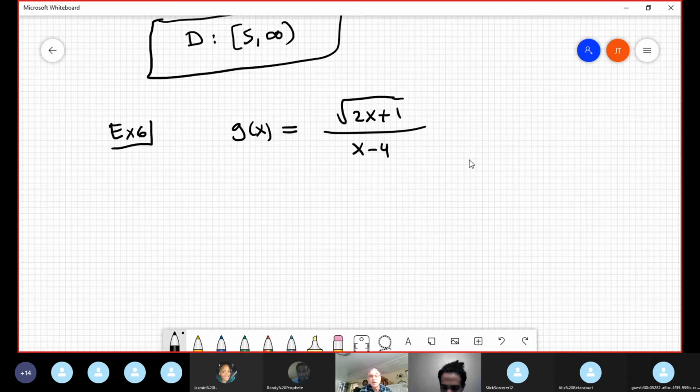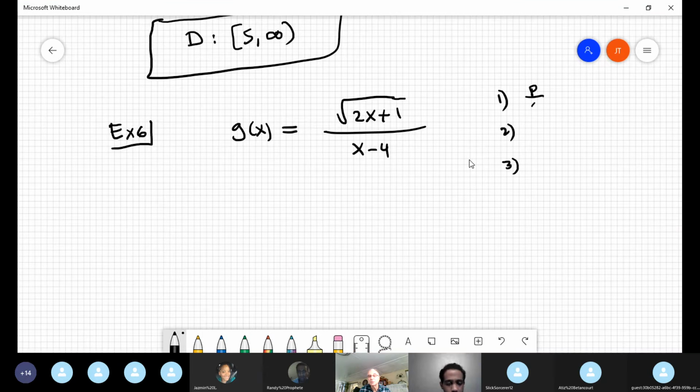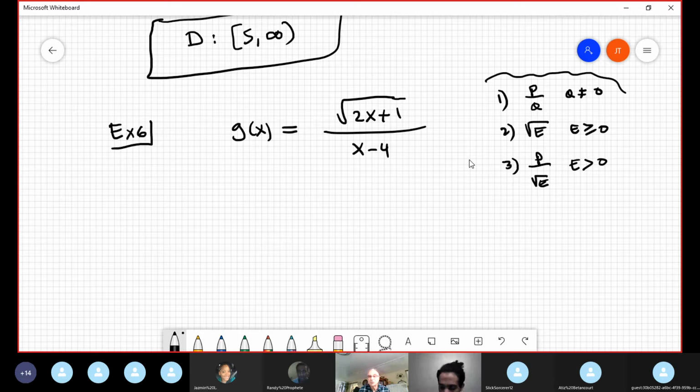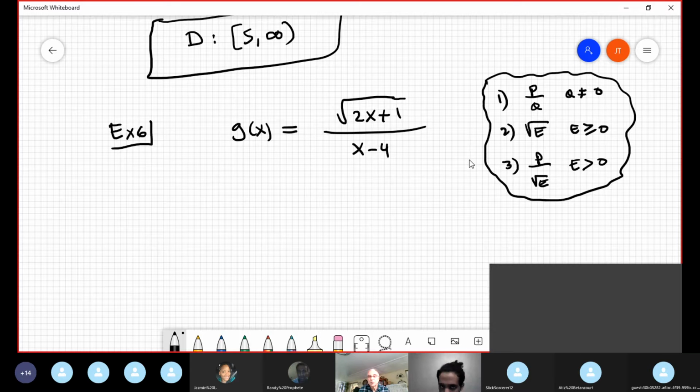I ask myself, how many restrictions can you see? Restriction number 1, restriction number 2, restriction number 3: fraction, denominator not zero; radical, expression inside the radical non-negative; and the expression inside positive. Which restrictions match this example?